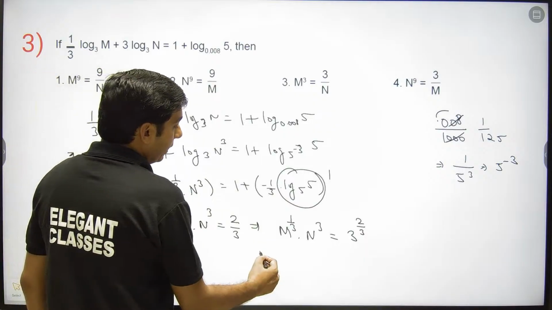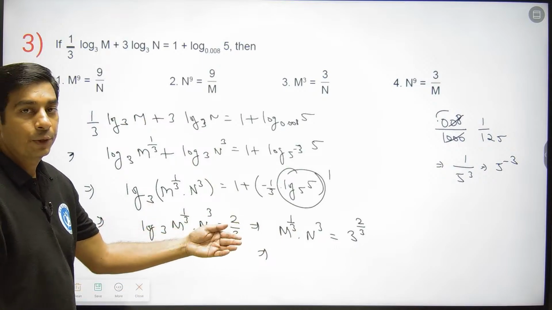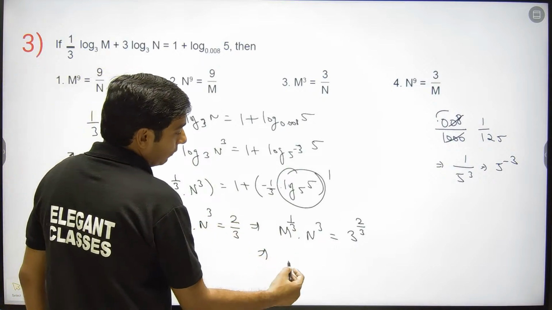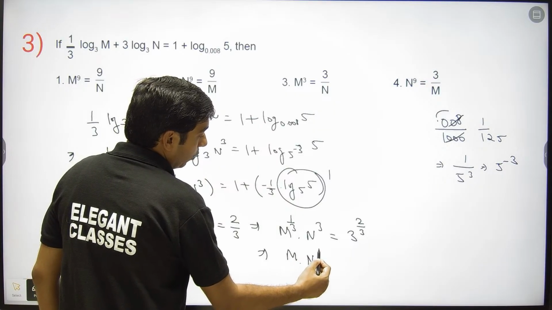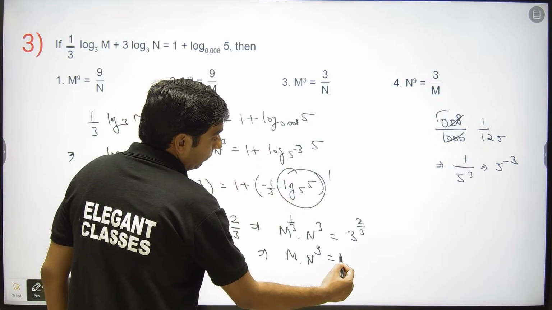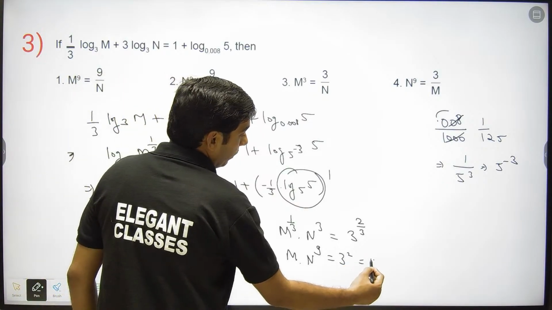And here again, if we take cube on both the sides, we will be left with m into n to the power 9 equal to 3 square, or 9.